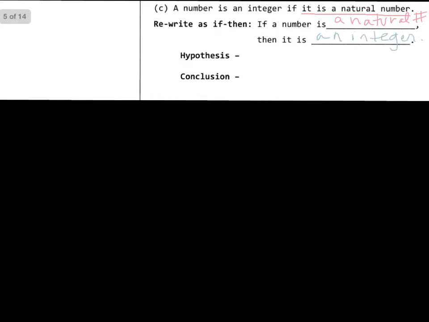Now you can easily use that if-then to find your hypothesis and conclusion. So your hypothesis would be a number is a natural number, and your conclusion would be it is an integer.